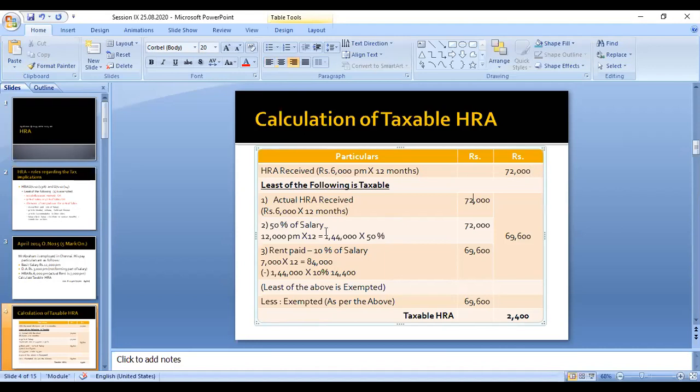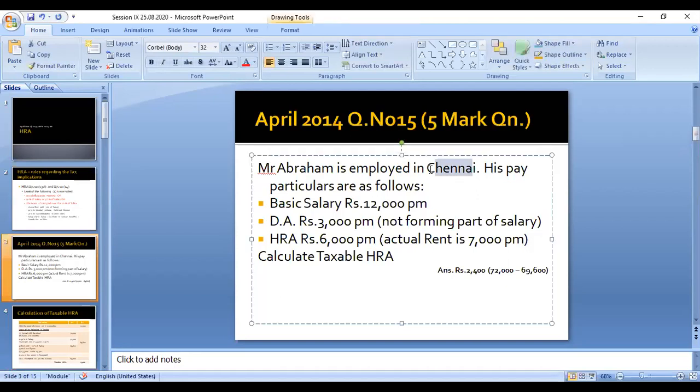And the next one is 50% of salary. Why do I have to take 50%? Because the employee is employed in Chennai. Chennai is one of the metropolitan cities: Chennai, Mumbai, Kolkata, Delhi. These four cities are called metropolitan cities. If the employee is working in a metropolitan city, then in the salary calculation you have to take 50%.